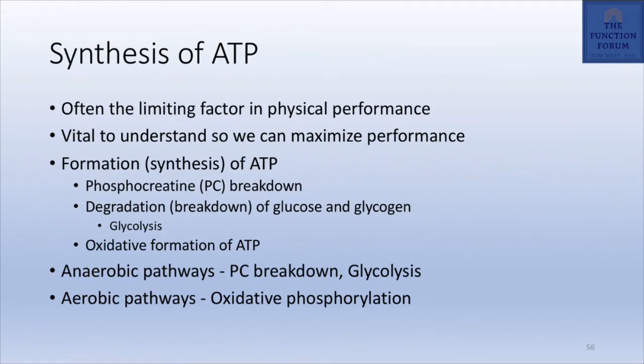If you're working with athletes or you're trying to maximize somebody's performance, often the limiting factor in physical performance is the ability to supply ATP to working muscles in a significant enough amount. So if you watch the Olympics and you see someone doing a race like a 200 or a 400, they run as fast as they can for the whole time, right?